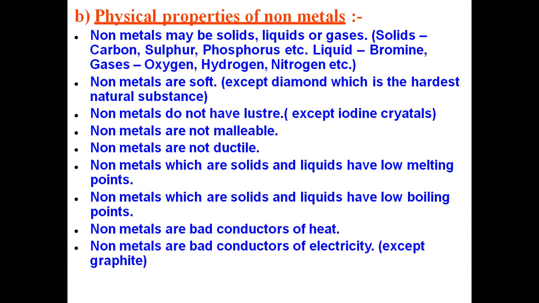The next point is about the conductivity of electricity and heat. Both depend upon the presence of free electrons. They have given that, except graphite, which is a good conductor of both heat and electricity. The good conductivity is because of the free electrons present between different layers of graphite.